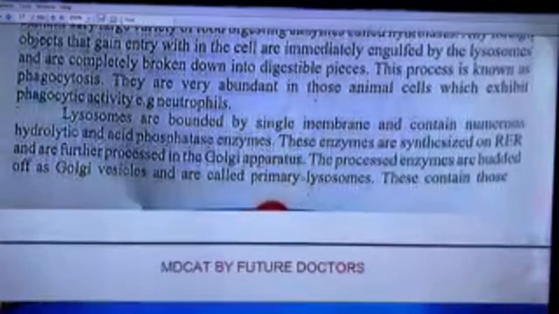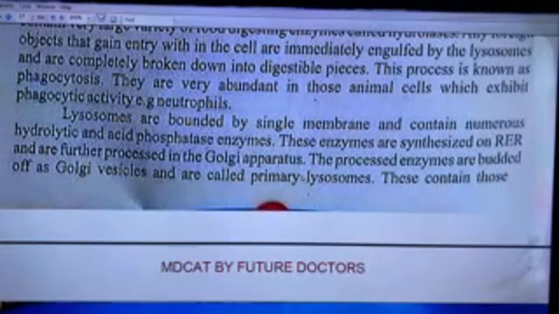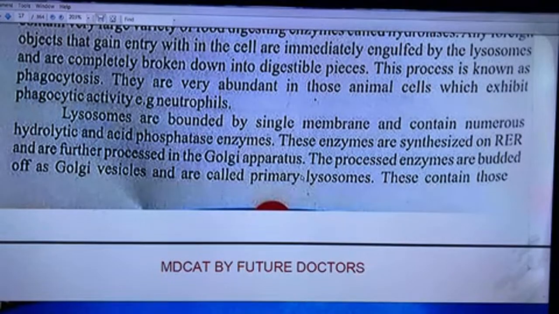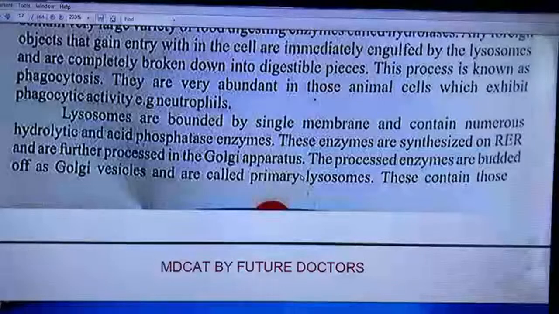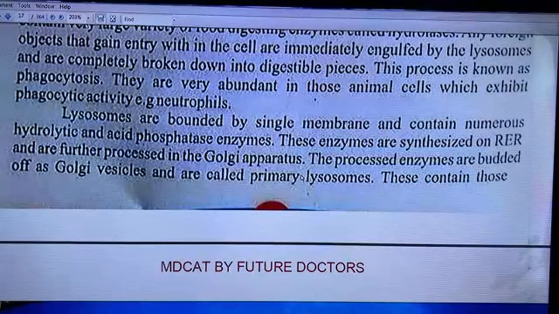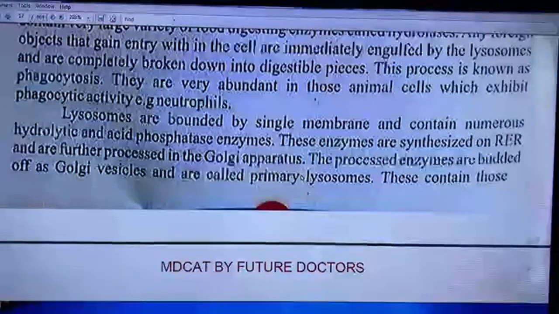Lysosomes are bounded by a single membrane and contain numerous hydrolytic and acid phosphatase enzymes. These enzymes are synthesized on rough endoplasmic reticulum and are further processed in the Golgi apparatus. The processed enzymes are budded off as Golgi vesicles and are called primary lysosomes.